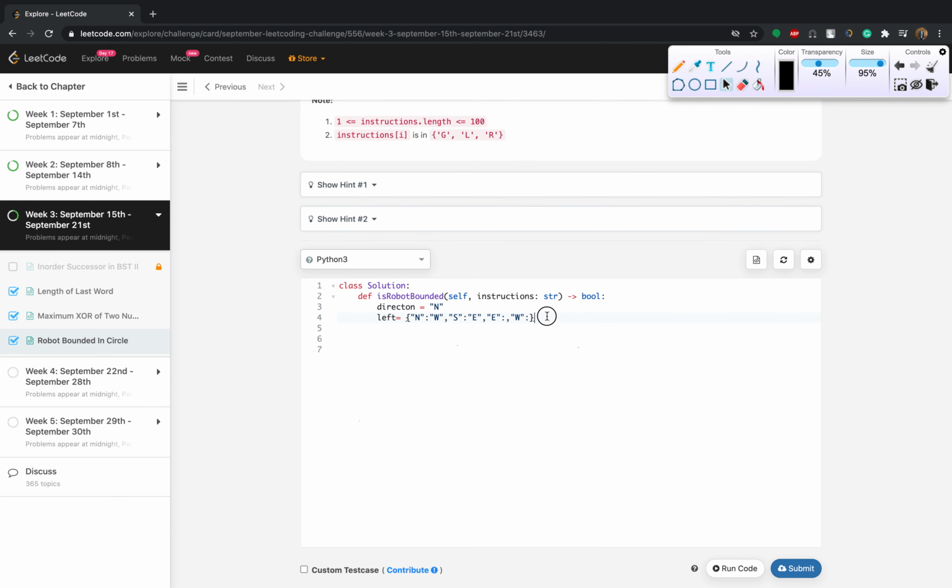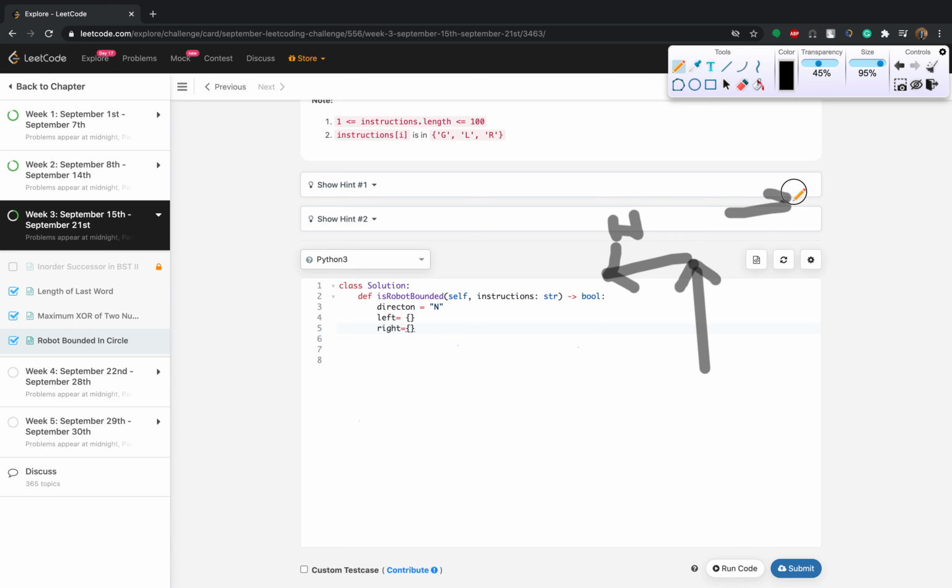So to start with, we have a direction. Current direction is north, and we need to know where the robot goes when it moves left or right from each direction. So we need to have a left map and right map for each direction. For example, right now the robot is north, and if it is moving left, that is your west.